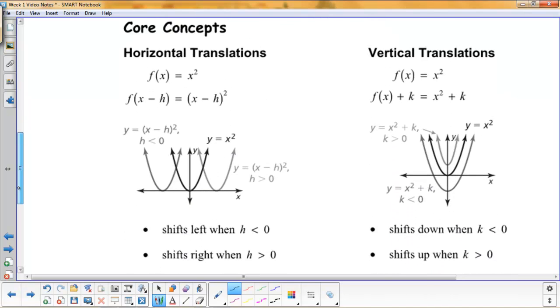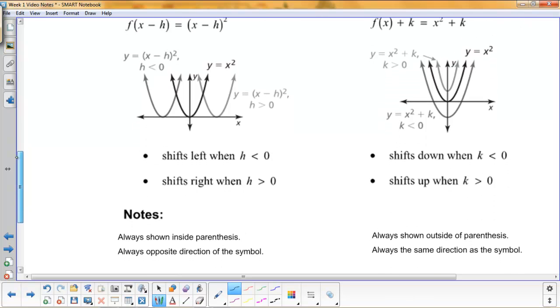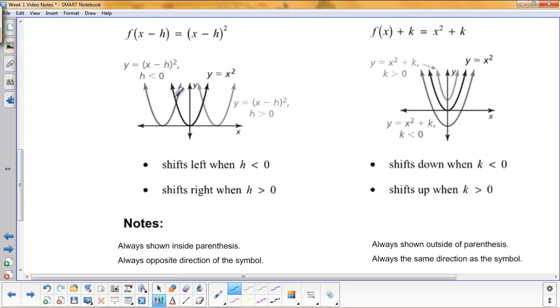All right, moving on down here, we're going to take a look at some horizontal and vertical translations of the parent function. These notes are already filled in for you, so it's kind of nice that you just get to look through them and make some notes. The thing that I would notice here is that because the h is on the inside of parentheses, it has the opposite movement than you would believe.